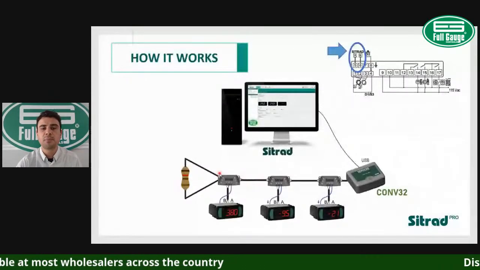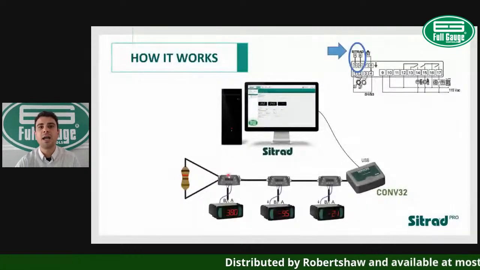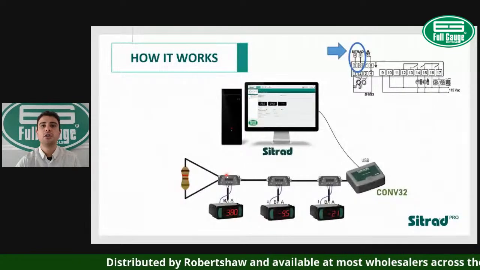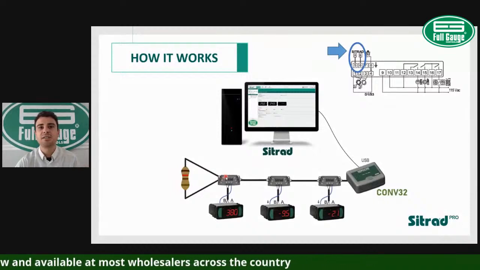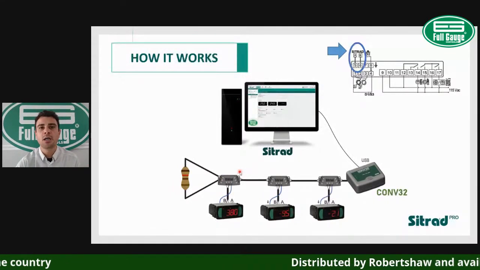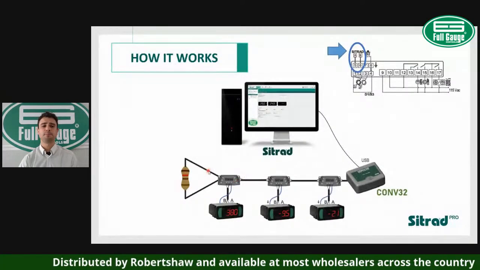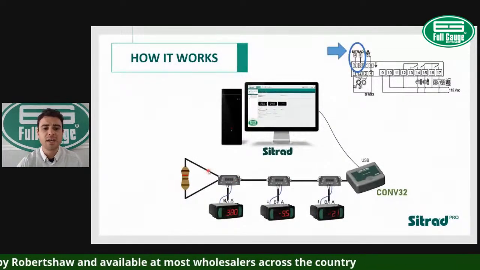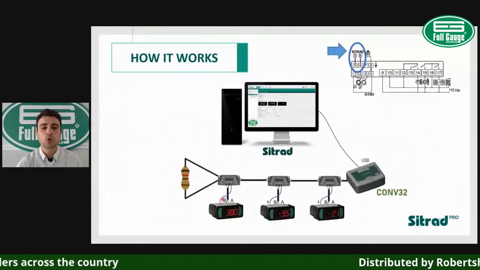So if you need to buy an extra junction block, the part number is BC-01. Again, the part number for the junction block is BC-01.